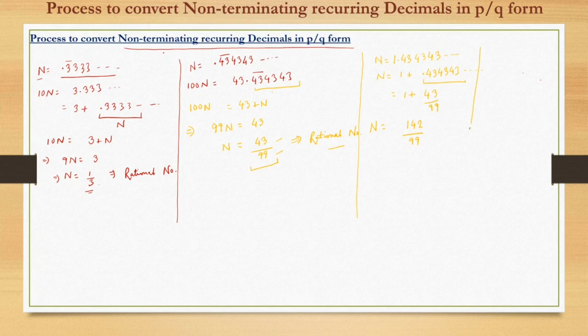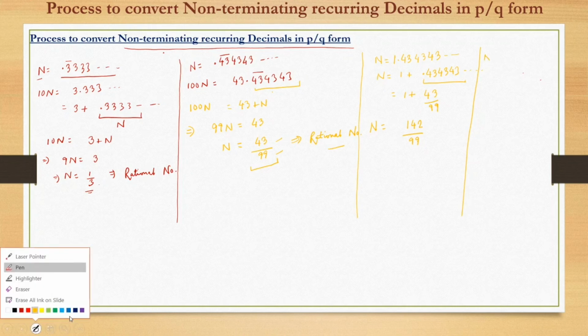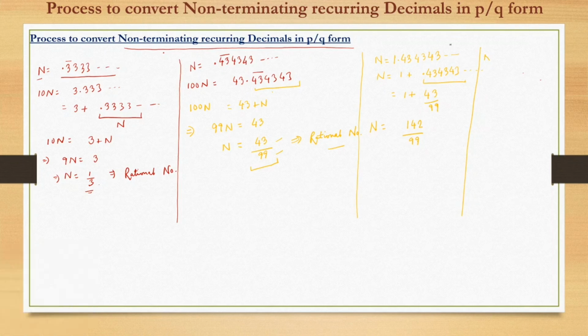Now take another example. Suppose n is equal to 3.1434343 and so on. Two digits are repeating, right?